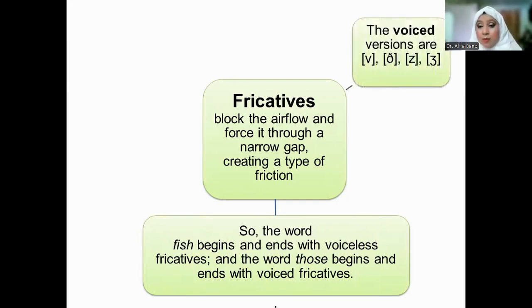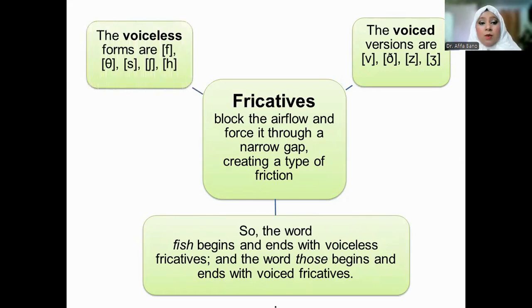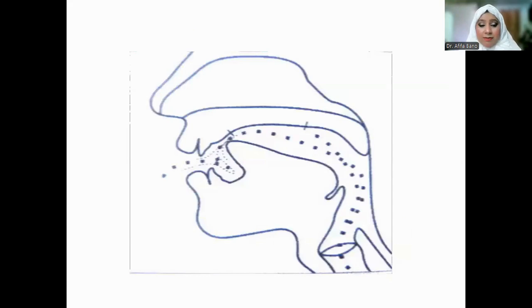Now we will see the voiced versions of fricatives are va, tha, za, and zha. And the voiceless forms are fa, tha, sa, sha, ha. These are the voiceless fricatives. Remember that. Now see the diagram. This is the way we pronounce the fricatives.